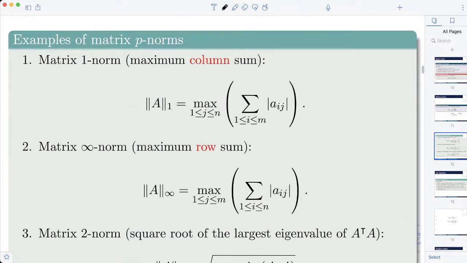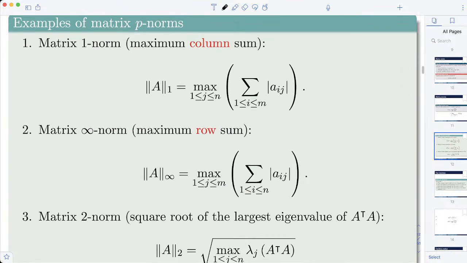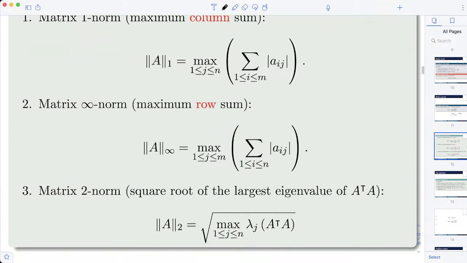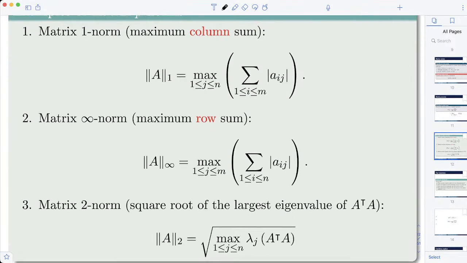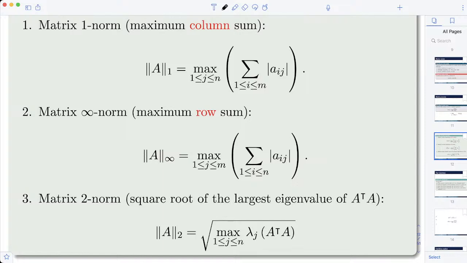And so just on that note, there are some common matrix norms that you might be familiar with. So your 1 norm, your infinity norm, and then your 2 norm. And there's also your Frobenius norm, which was covered inside the lectures. I don't have them on my slides over here, but that's also one that you might want to be familiar with.